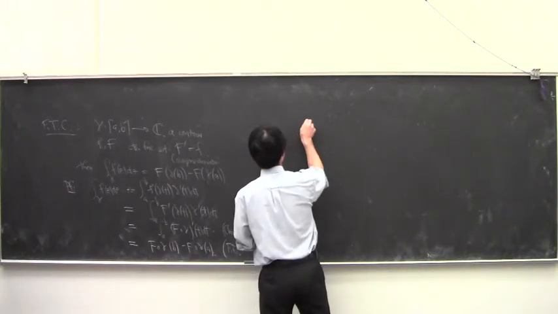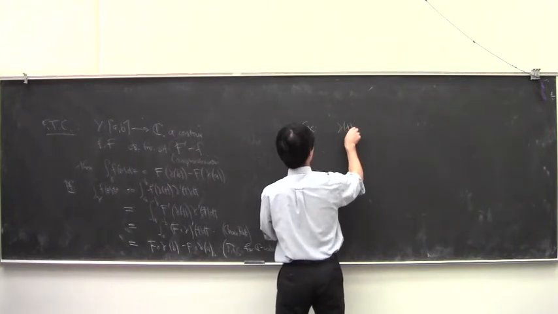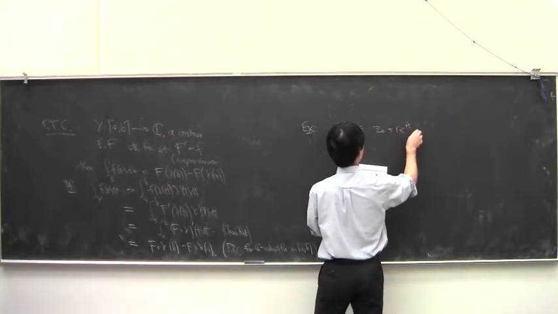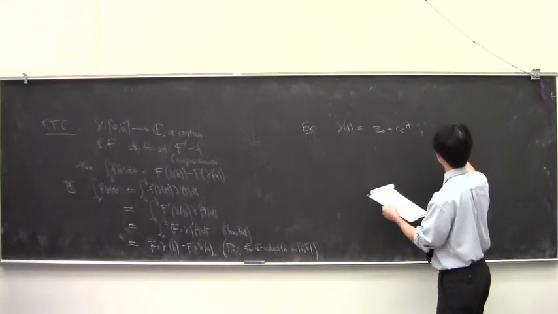Okay. So, for example, if we let gamma t be z naught plus r e to the I t, so it's again spinning around the point z naught.